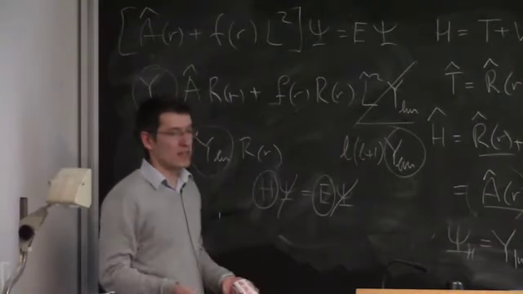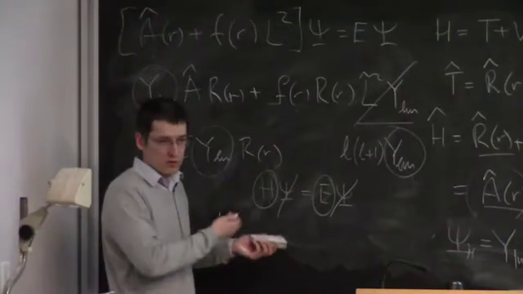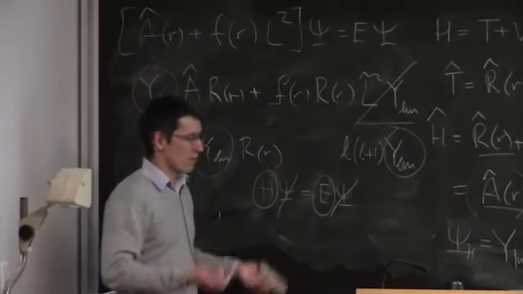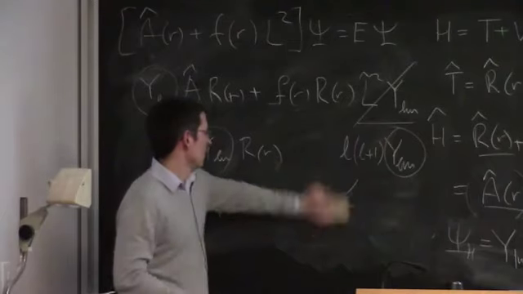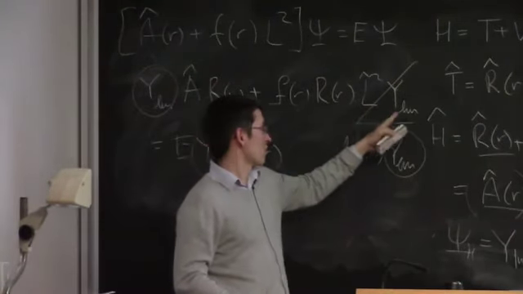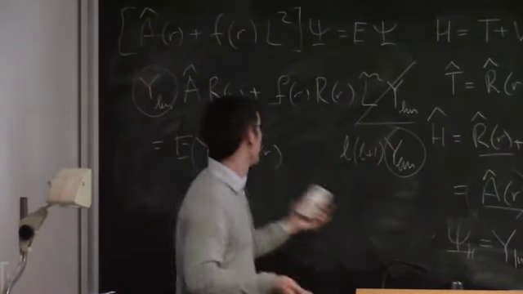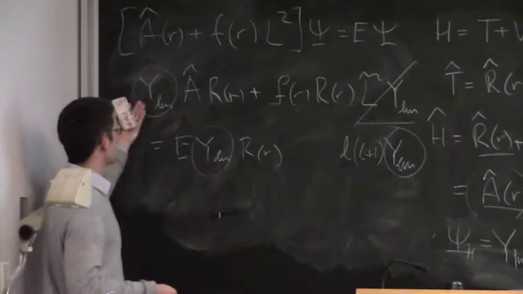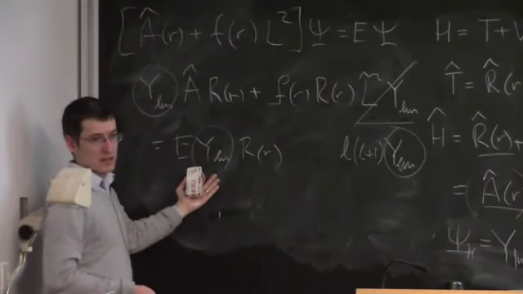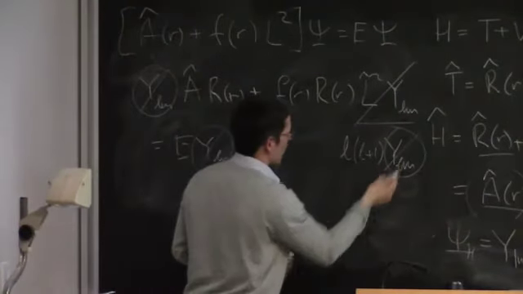You need a function there, because operator and number are two different objects. But here we got rid of the operator that acts on Y, so now it's a function without an operator, on the left-hand side and the right-hand side of the equation, so we can easily cancel it without any consequences.